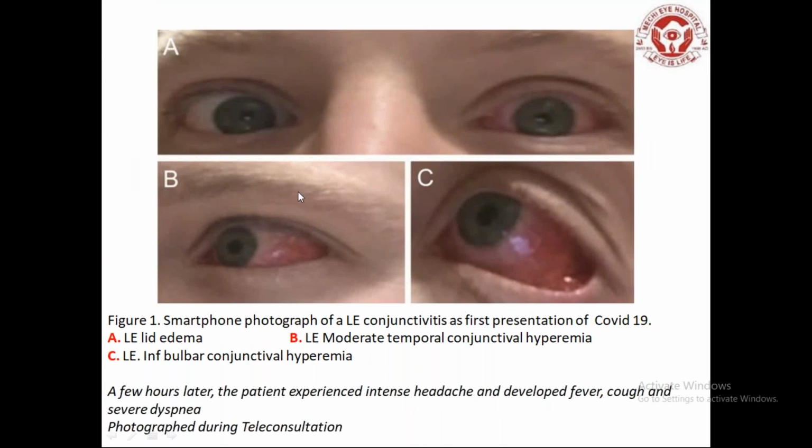This was a photograph of a patient taken during teleconsultation, and he had left eye conjunctivitis as the presenting feature of the COVID-19 disease. A few hours after consultation, this patient experienced intense headache, developed fever, and dyspnea as well. So we must be very careful.